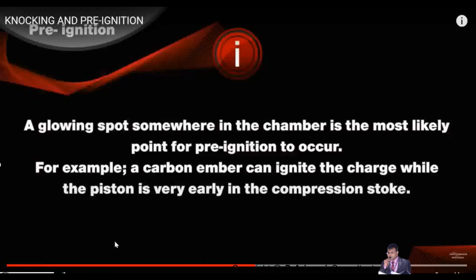For example, the fuel has a carbon hydrogen chain in it, and a carbon deposit can ignite a charge while the piston is very early in the compression stroke. So that is where pre-ignition happens. Pre-ignition can happen even at 50% or 40% of the stroke toward the top. So the knocking is going to happen because of the pre-ignition and vice versa also.